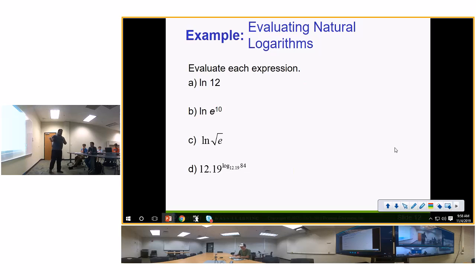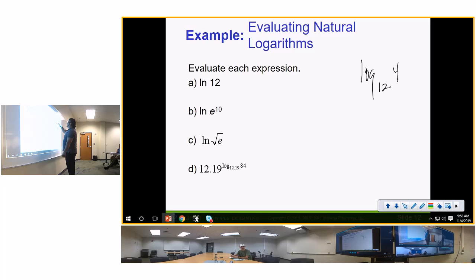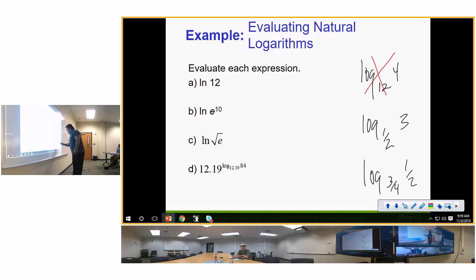Now, what these two slides are telling you is if you're going to use your calculator, you can only use it with log and natural log. Log base 5, log base 1/2, you're going to have to do something else. So if you get one like this, or one like this, or 3/4 of 1/2, these cannot be done on a calculator because the base either has to be a 10 or what?